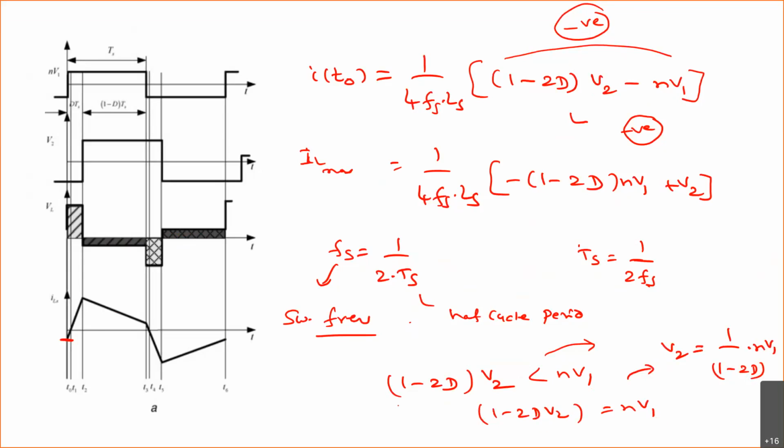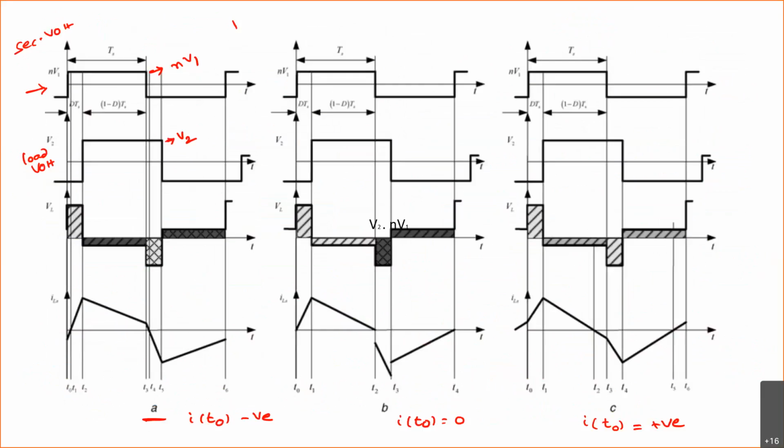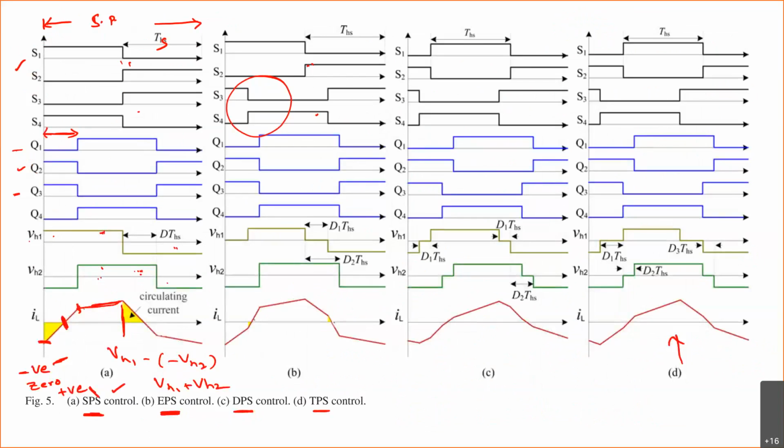Let's review this again. The dual active bridge is a newly introduced topology, and some research is still going on. It can be controlled in different ways: single phase shift, extended phase shift, double phase shift, and also triple phase shift.